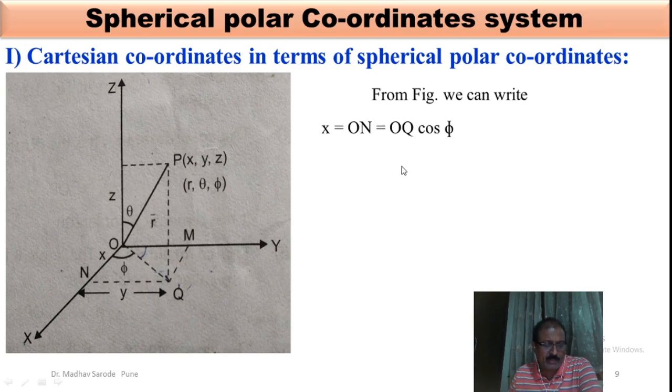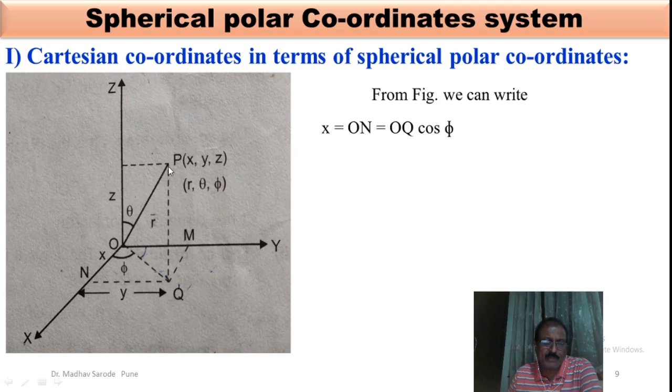But from this geometry, what is OQ? You have to find out OQ. This angle is theta, and this is the adjacent angle, and this value is also theta, the opposite angle.